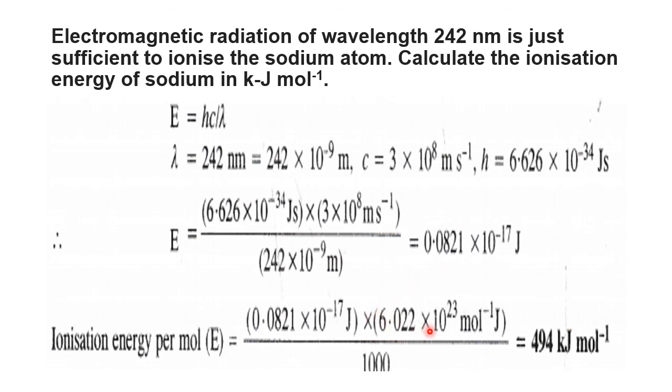So for one atom, this much is the kilojoules. For 1 mole, multiply by the Avogadro number. So ultimately what you get is called ionization energy per mole, which is equal to 494 kilojoules per mole.